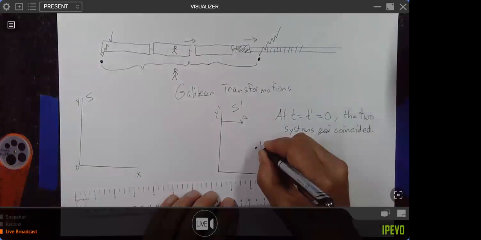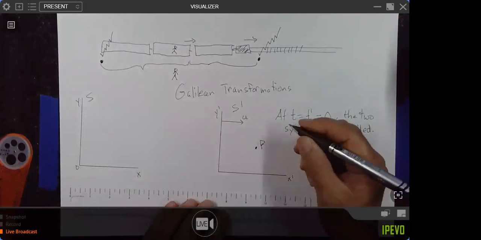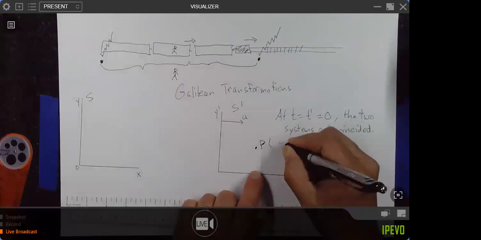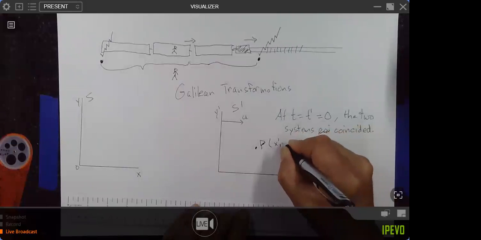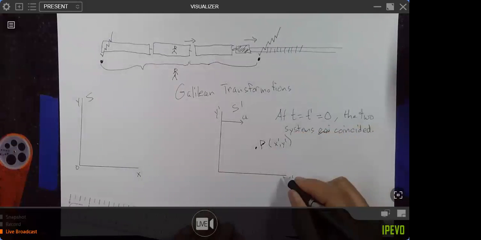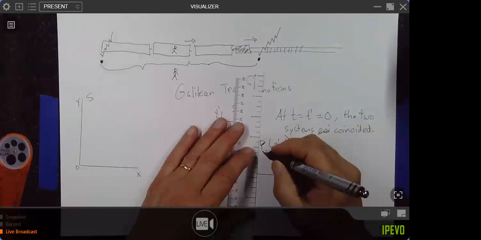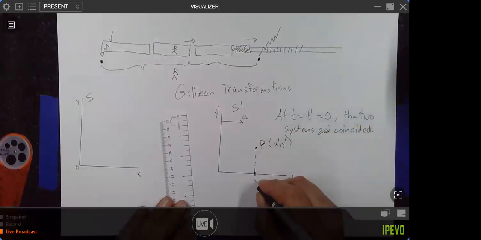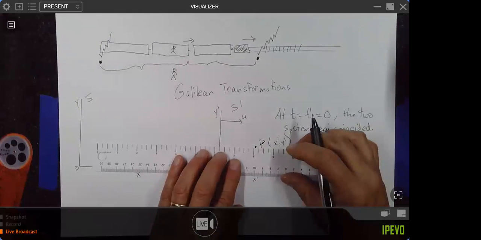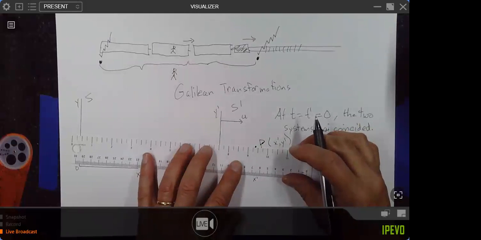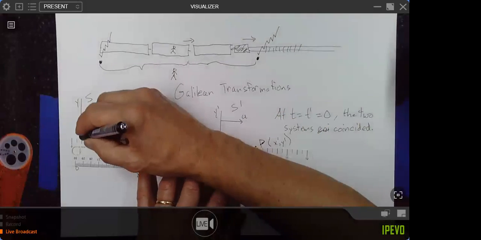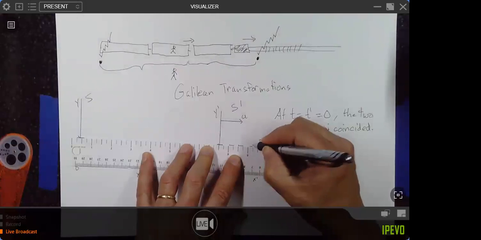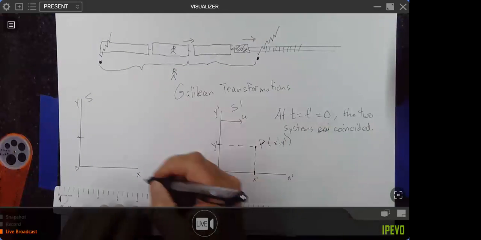And we'll have a point P. This point P has coordinates x prime, y prime in this particular coordinate system. So this would be x prime, and then the y coordinate would be y prime. And if I set these things up right, that'll be y prime.